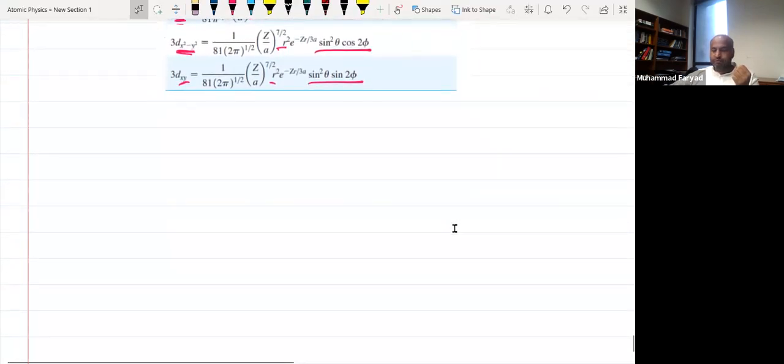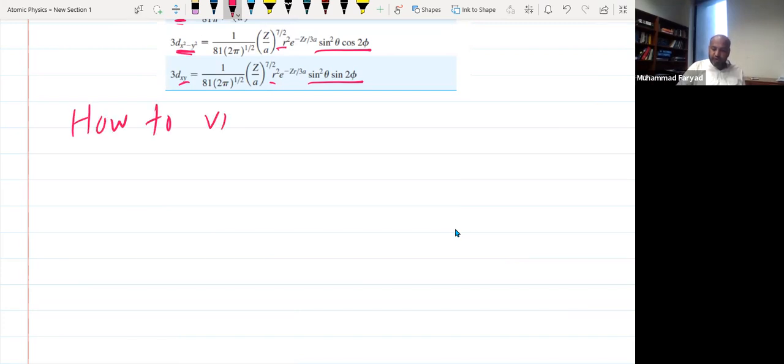Let's now do the last thing that we want in order to understand these orbitals, and that is how to visualize these orbitals.